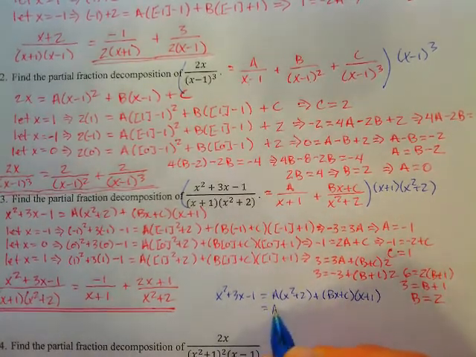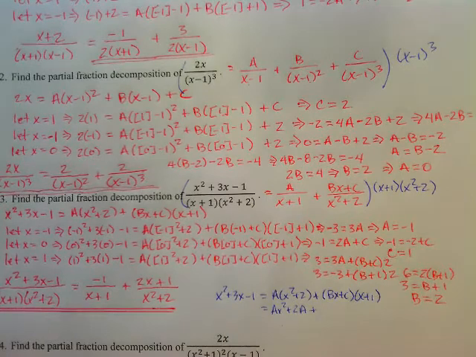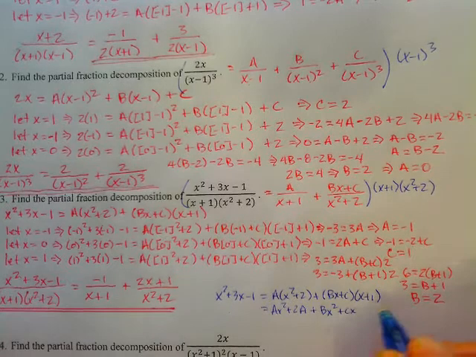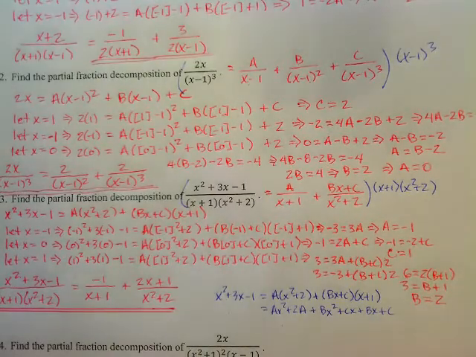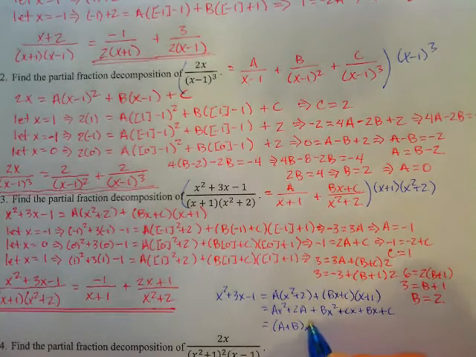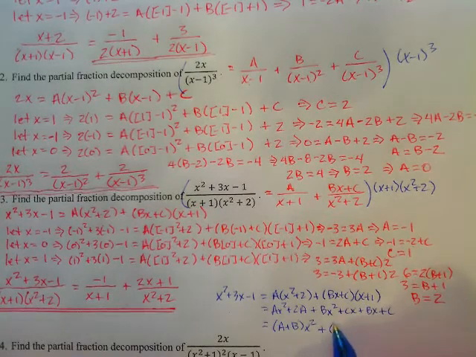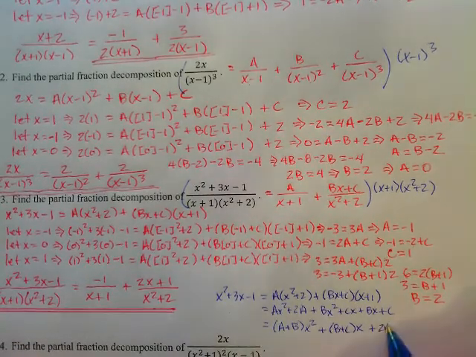Then this would have been ax squared plus 2a, and then this we would have had to FOIL, so we would have had bx squared plus cx plus bx plus c, and then putting it all together, we would have had a plus b x squared, and then we would have had b plus c x, and then finally 2a plus c.